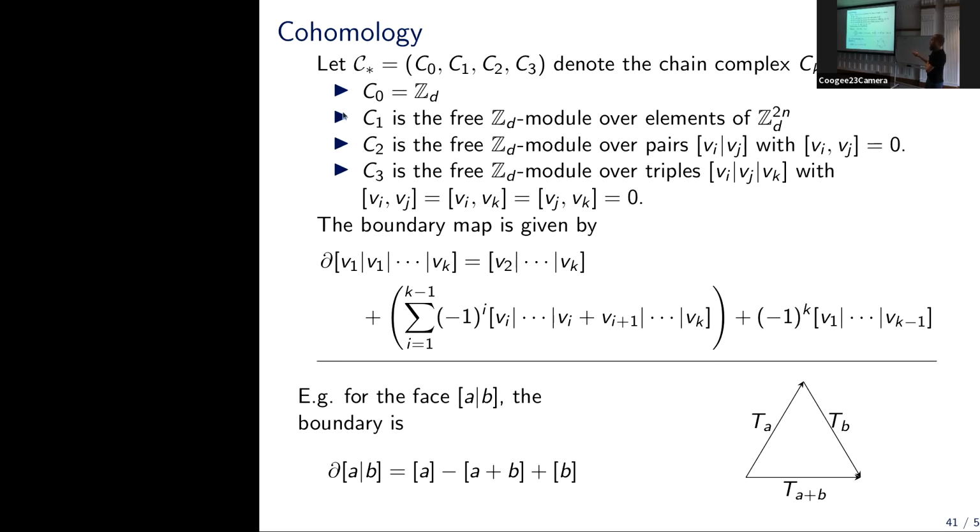The second level C2 is the free ZD module over commuting pairs. C3 is over pairwise commuting triples, and so on. And it's got a boundary map that looks like this. So for example, a face is represented by these 3 operators, and this is what the boundary looks like.